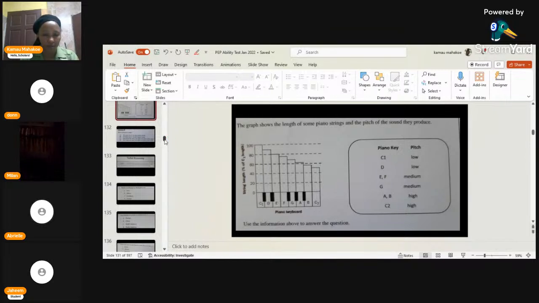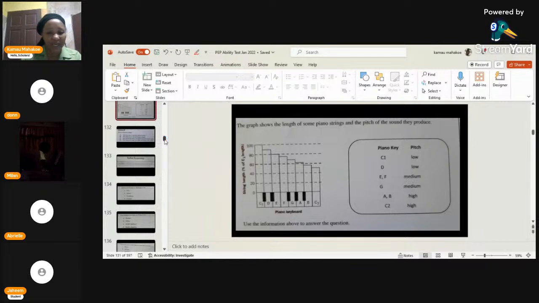E and F medium, G medium, A and B high, C2 high. So we're to use the information to answer the question.